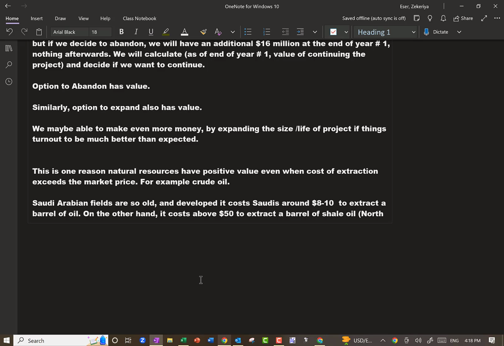For example, in a place like North Dakota. So if oil prices suddenly go down to 20, those fields are not going to be economical to extract.